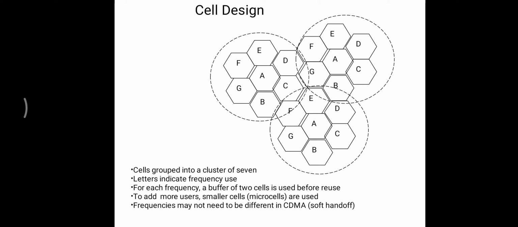For each frequency, a buffer of 2 cells is used before reuse. To add more users, smaller cells are used. So in major city areas, we use small cells, reducing the size of the cell areas. That is picocells or microcells. The frequency may not need to be different in CDMA.